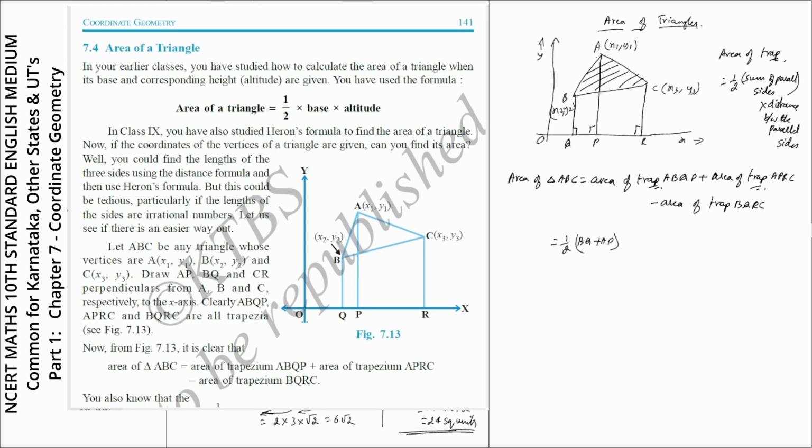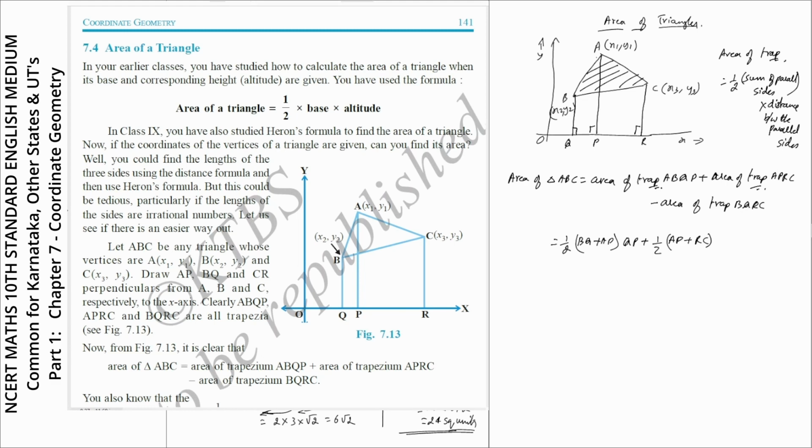So into distance between these two parallel lines is QP. Okay, QP. Then plus now area of trapezium APRC is half sum of parallel side. Parallel side of APRC is AP plus RC.